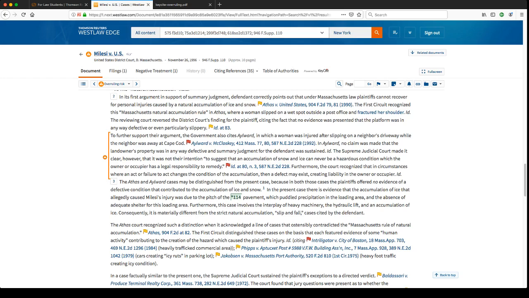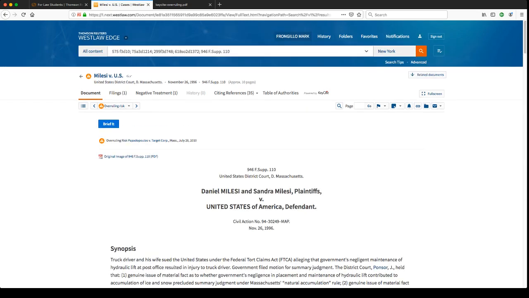Our case, Malesi, was relying on a case by the name of Elwood v. McCloskey. Elwood was invalidated by the Papadopoulos case. That is why our case now has that orange flag.